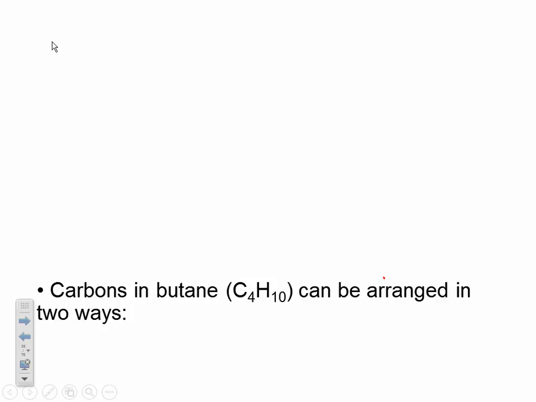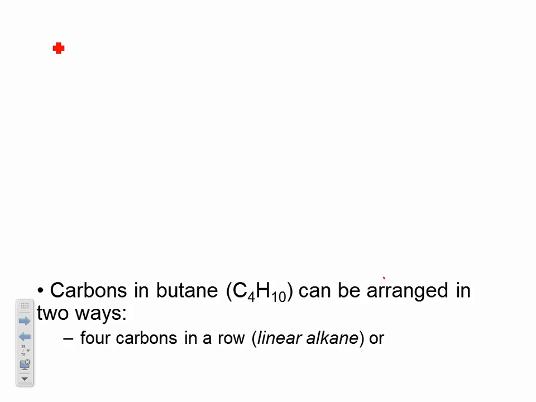However, as soon as you get to 4 carbons, that's really the tipping point where you can start to have different arrangements of carbons. With 4 carbons, you have 2 possibilities. First of all, you can put your 4 carbons in a row, so connect them all in a straight line, a linear alkane.